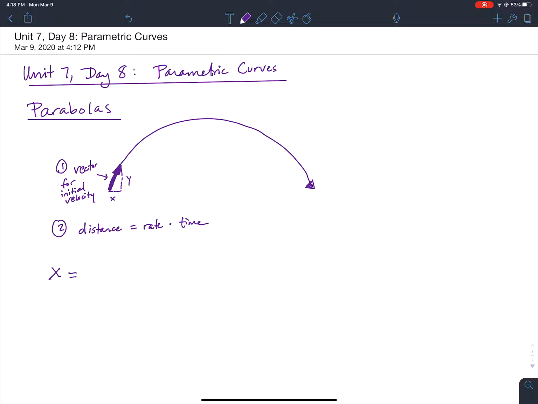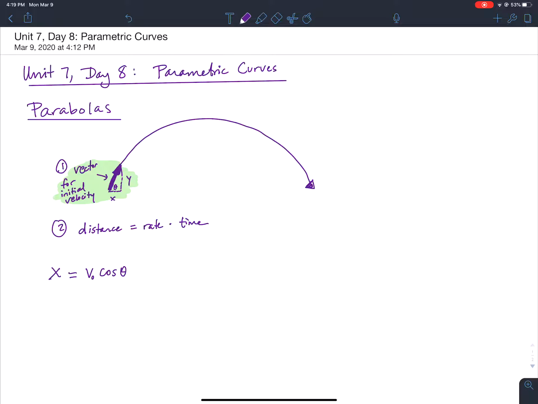Now, our rate is going to come from our vector right here. So when we talk about that, we're going to talk about the velocity, our rate, in terms of just the x. We're only talking about the x part. So our x part is going to be the magnitude of our vector, so that's the velocity, and then cosine of the angle at which this object is being launched at.